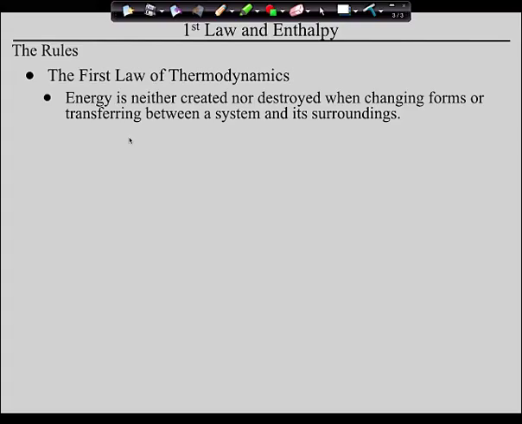Because guys, if energy can interconvert, kinetic to potential, and if energy can come and go between the system and the surroundings without being created or destroyed, it means there's a finite amount of energy in the universe. Does all this sound kind of familiar? Sounds like the law of conservation of mass. Well, guys, it turns out that this is a similar concept, the law of conservation of energy.